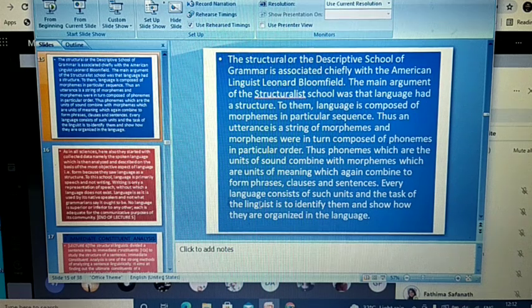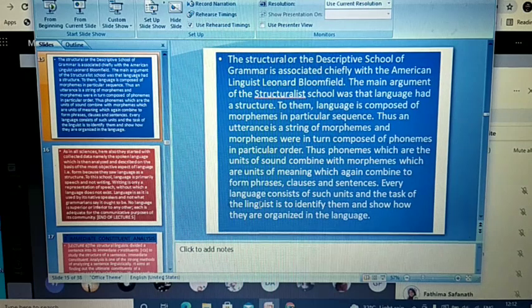You have to explain the linguistic element you are given. Maybe it's a letter, maybe it's a word, maybe it's a phrase, maybe it's a sentence. You have to explain it at three levels: phonological level, morphological level, syntactic level. And for that, structural or descriptive grammar is very, very efficient and helpful.